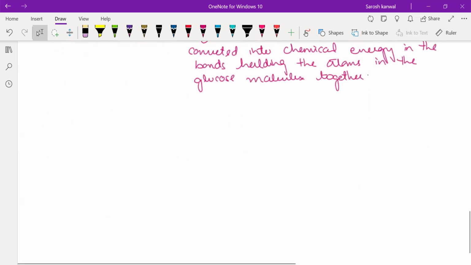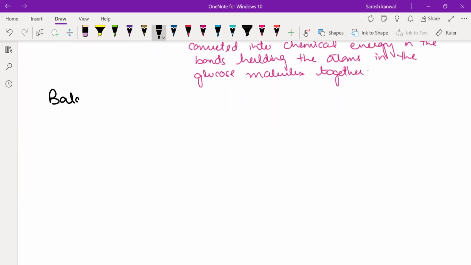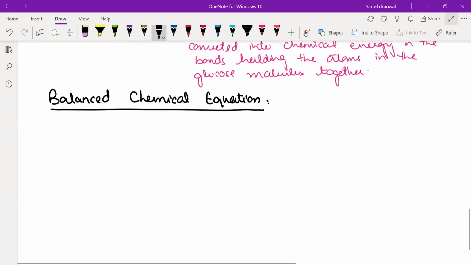Now we can have a look at the balanced chemical equation as well for photosynthesis. Okay.